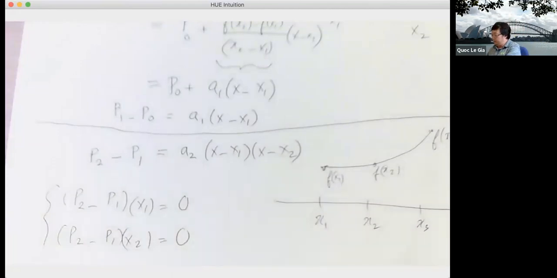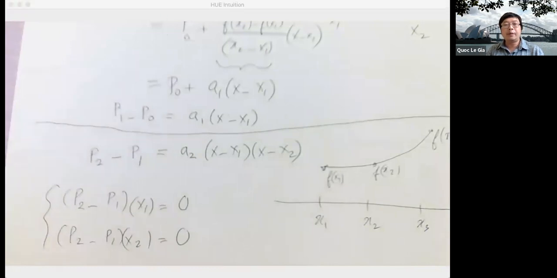So we say that P2 has to interpolate. Now if you go back to the definition of PM, then PM equal 2 means that P2 of xj has to equal f of xj for j equal 1 to m plus 1, so m equal 2, then this one equals 3, so 1, 2, 3.